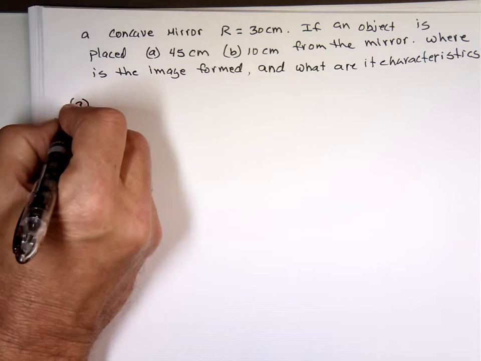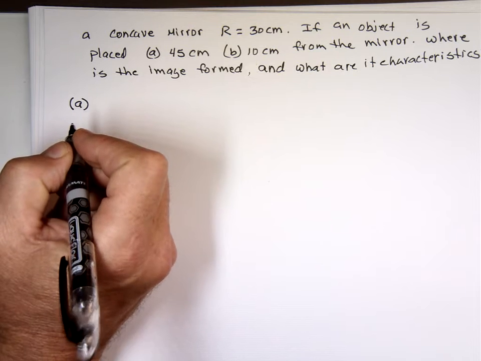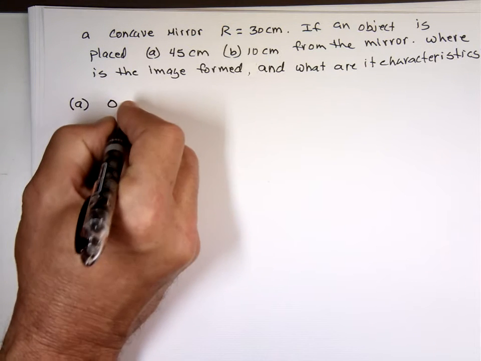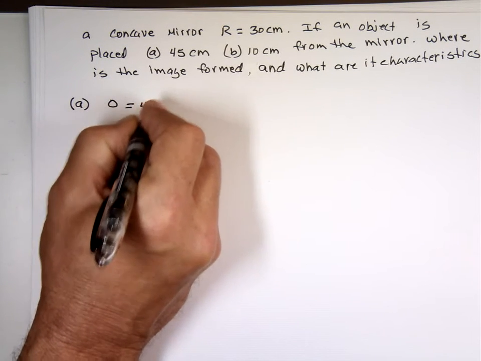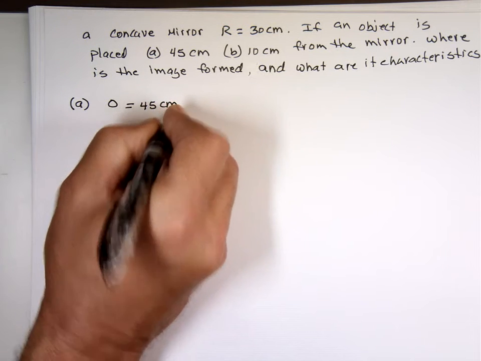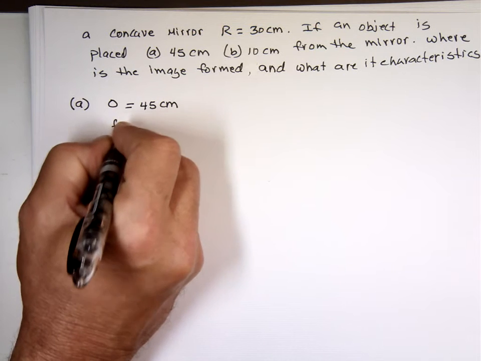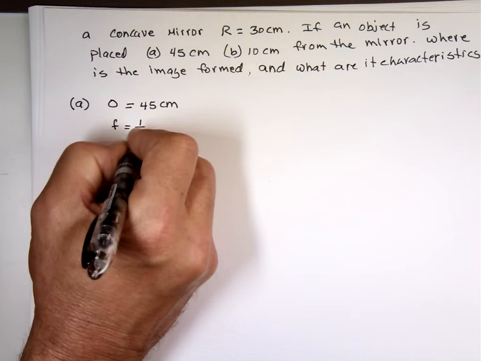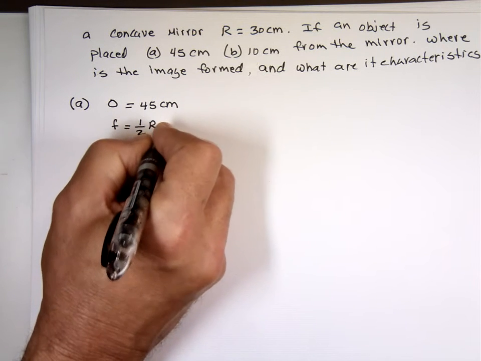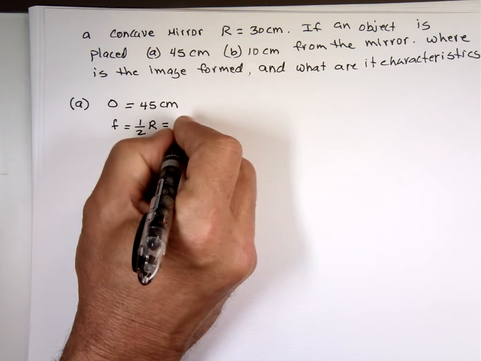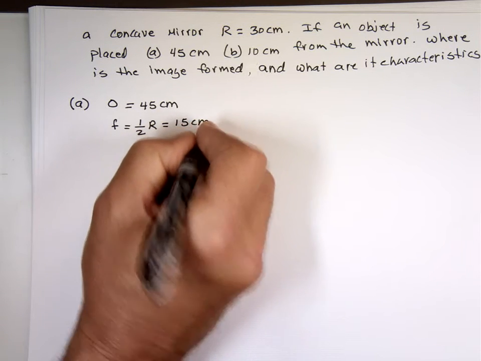We know the distance of the object is what? 45 centimeters. We know the focal point. The focal length is 1/2 r. It's positive because concave. That's 15 centimeters. Can I figure out what i is?